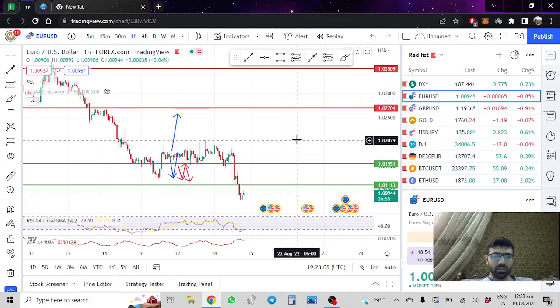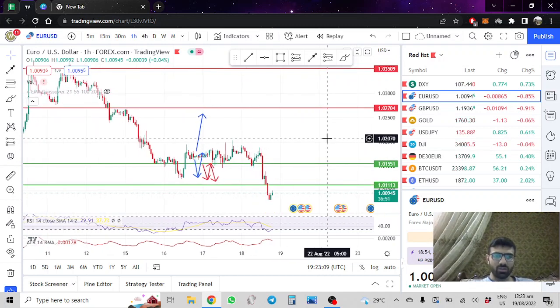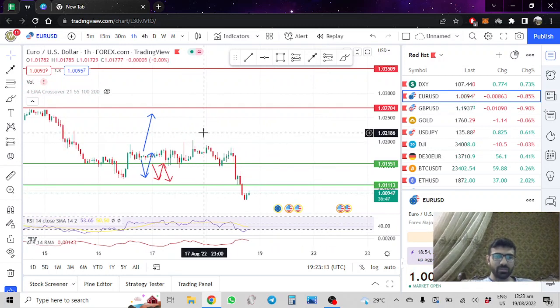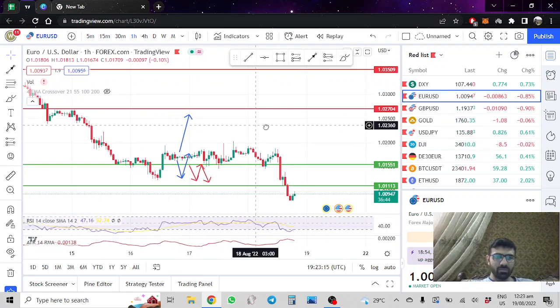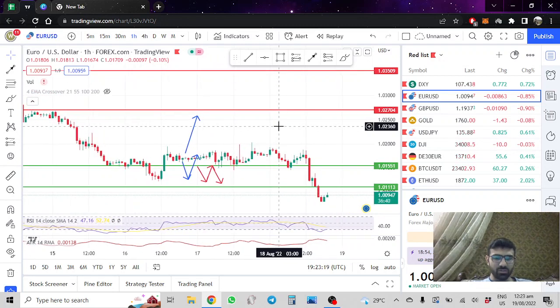Over here, what we have observed is that our buying scenario was not met in the previous setups that we gave, but our selling setup was executed.